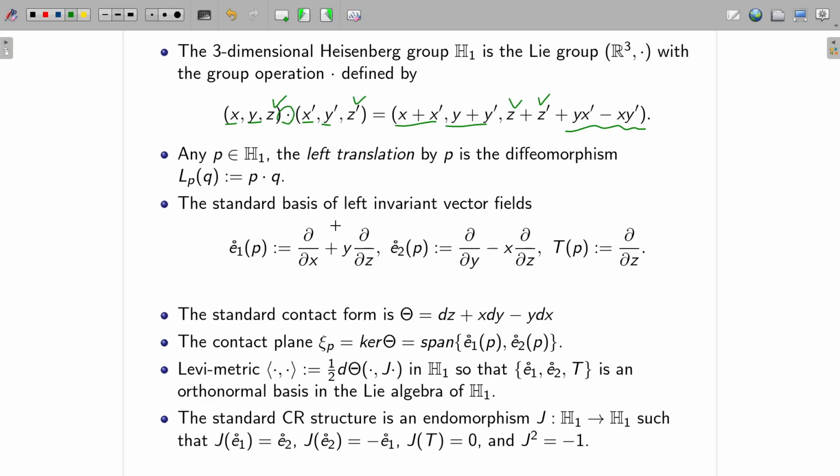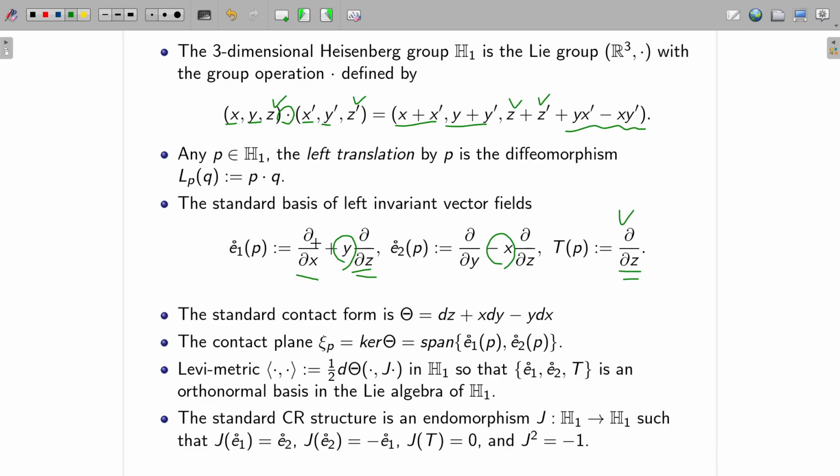The standard basis of the left invariant vector fields is defined by the standard Euclidean basis, but the only difference is there is a function in front of the z direction. For the T it is just the usual z axis of the Euclidean space.